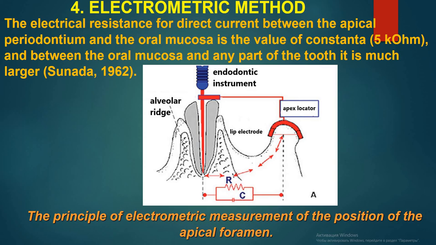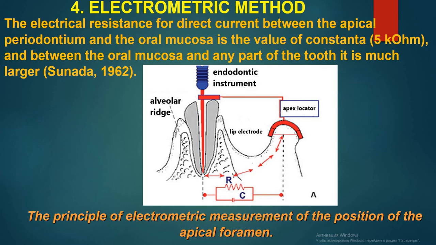Electrometric method. The electrical resistance for direct current between the apical periodontium and the oral mucosa is a constant value, and between the oral mucosa and any part of the tooth it is much larger.